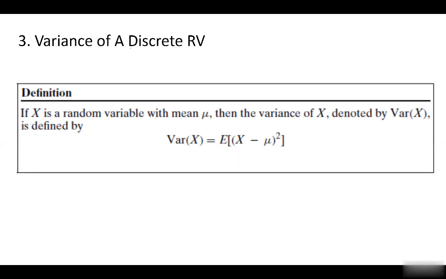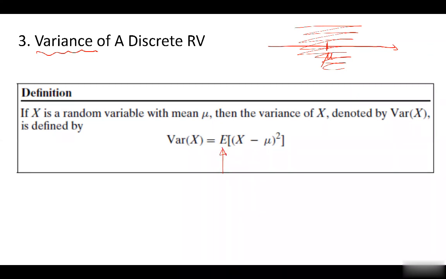So what does this mean? This means the variance measures the level of spread of the random variable. Suppose this is the mean of the random variable, right? The random variable usually fluctuates around mu, and the variance is a measure of the level of the spread or the fluctuation. So in order to measure this fluctuation, the variance is actually an expected value, right?